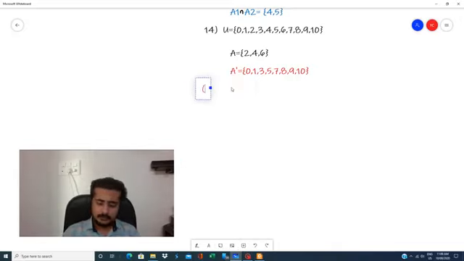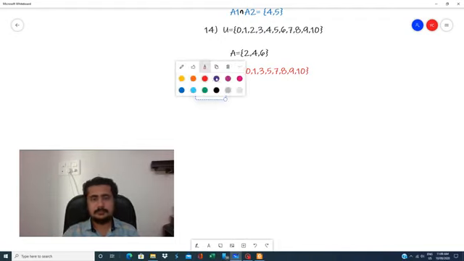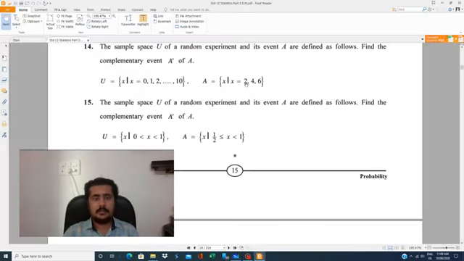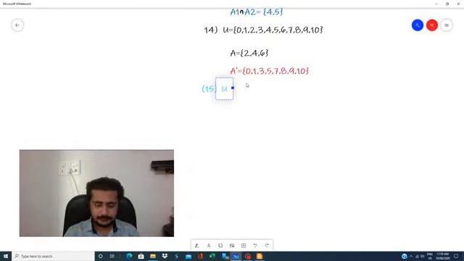Then let's move to the 15th one. Now, what is the question in the 15th one? U is given as 0 to 1. U is x, where x belongs to 0 less than x less than 1.